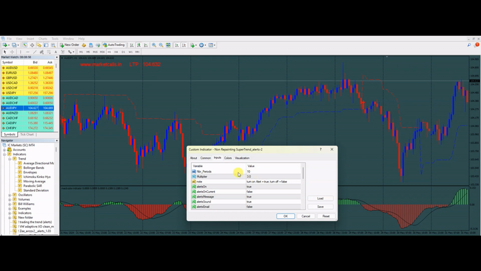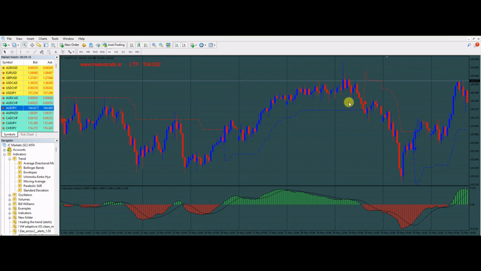As you can see, we're using a period of 10. You can play with the period and the multiplier. It's flexible, you have access to change the settings. If you want to make the period 12, you can make it 12, and the moment you do, you will see there are changes applied on the chart.